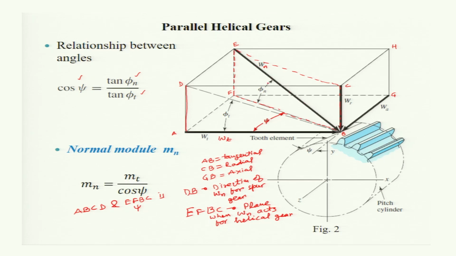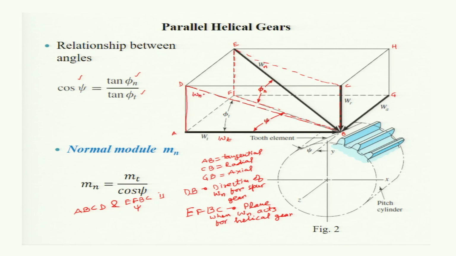Now the pressure angle is represented by the angle which it makes with the horizontal plane, and that is this one. This is the pressure angle phi n. The tangential one, phi t, you can get from the Wn for the case of spur gear, which will act from D to B. From D to B, Wn for spur gear will act.